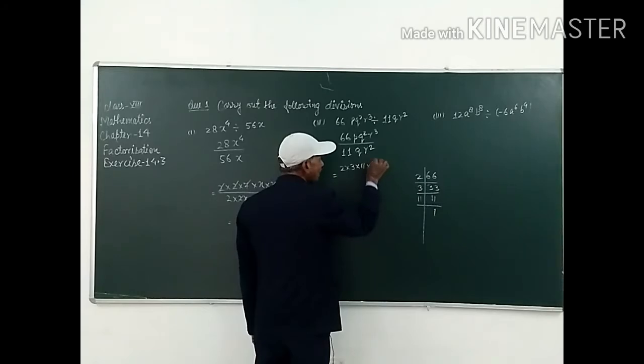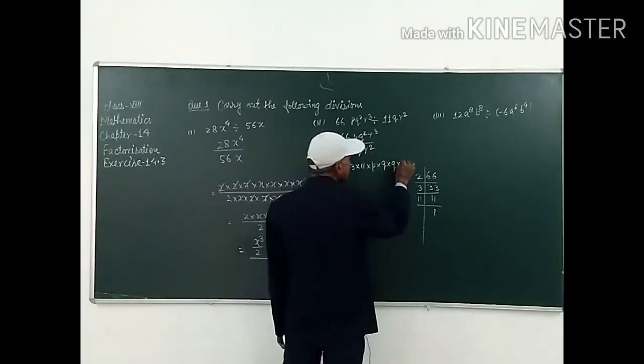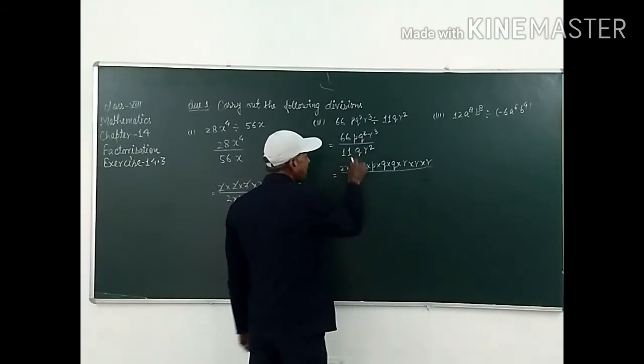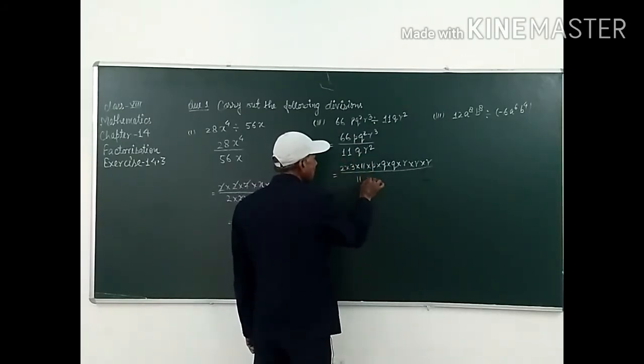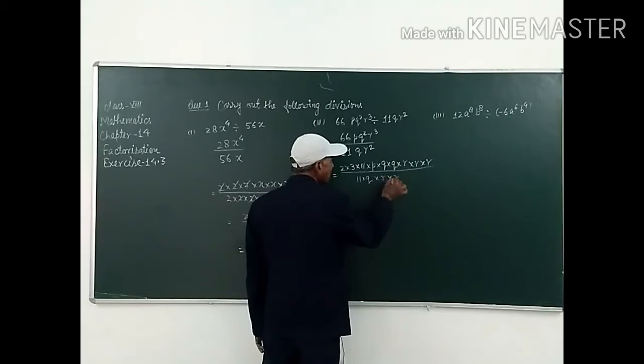So, we have to multiply this q 2 times, q into q into r cube, that is r into r into r, and this one divided by 11 q r square, 11 into q into r, because it is r square, students.